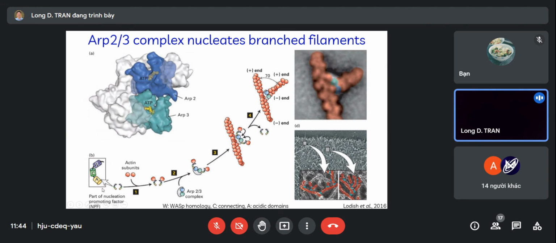Its activity is regulated by a nucleation promoting factor. The nucleation promoting factor has three different domains: the acidic domain, the connecting domain, and the WH2 homology domain. So when the nucleation promoting factor is activated by other factors, it can bind to actin and then bind to the ARP2/3 complex.